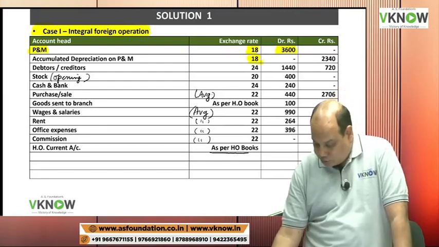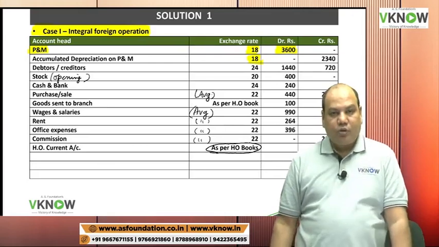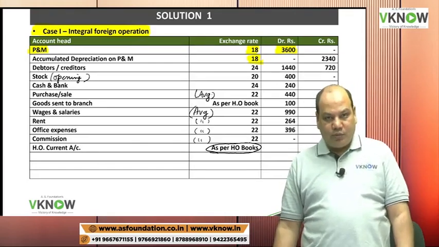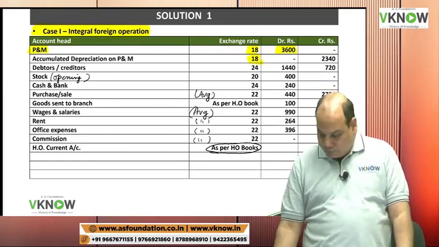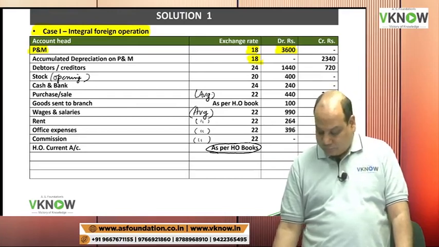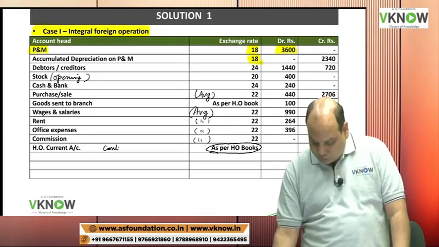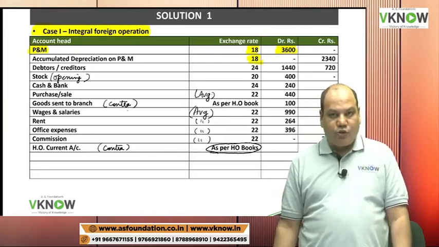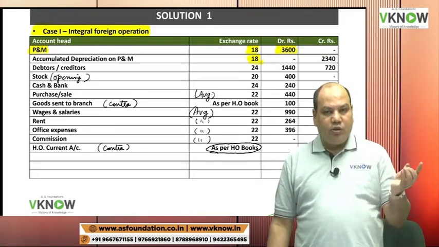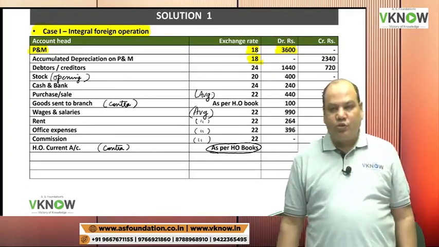One more item, HO current account. This also I will not translate. I will apply the HO books figure, as given below the trial balance, which is 120. This is contra and this is contra, because the branch is showing figures in dollars while the same item appears in HO books in rupees.